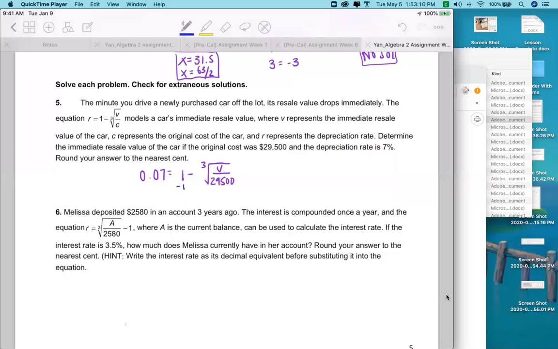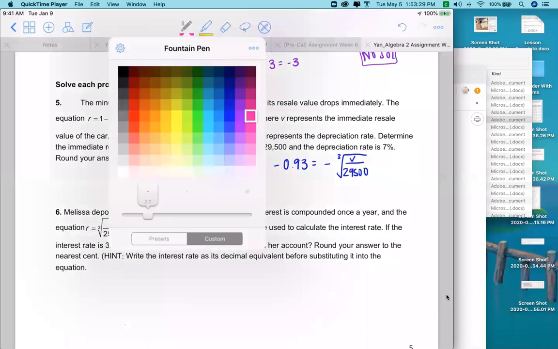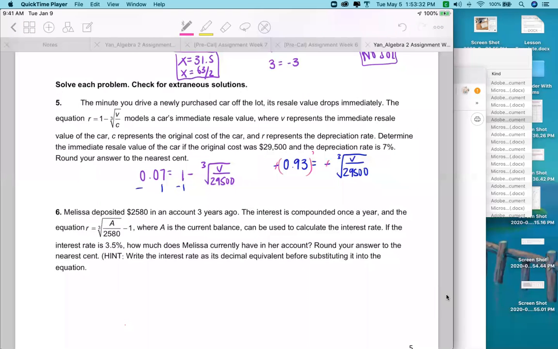So we get negative 0.93 equals to negative cube root of v over 29,500. And then the negative goes away. Now we cube both sides, and you multiply your 29,500. Did you get this as your answer?